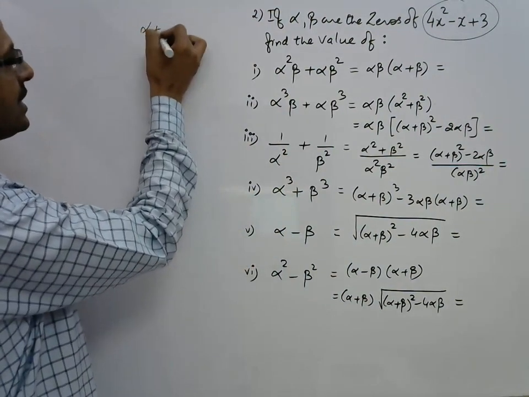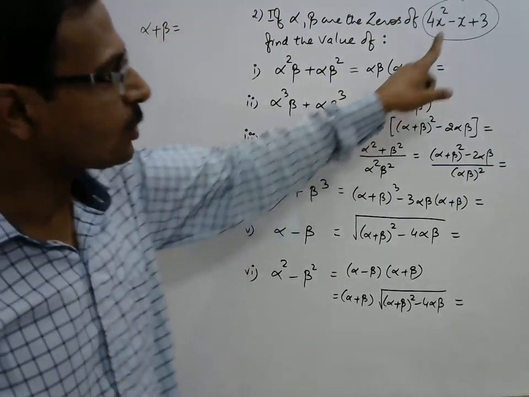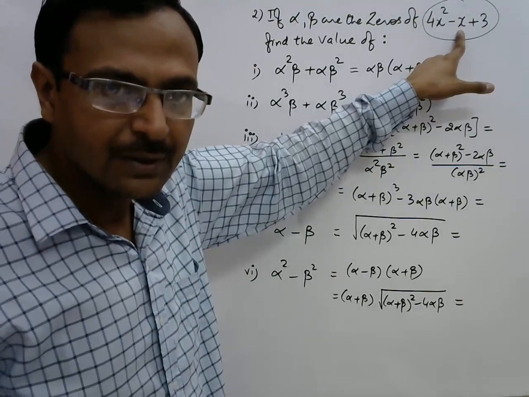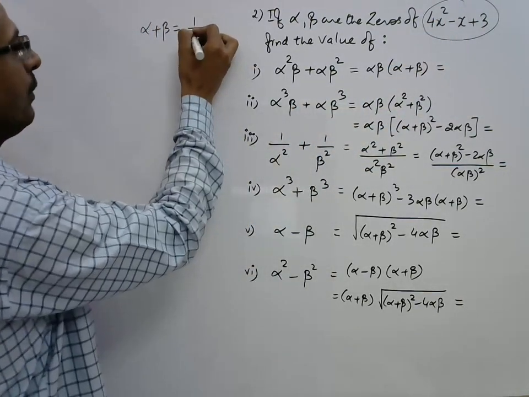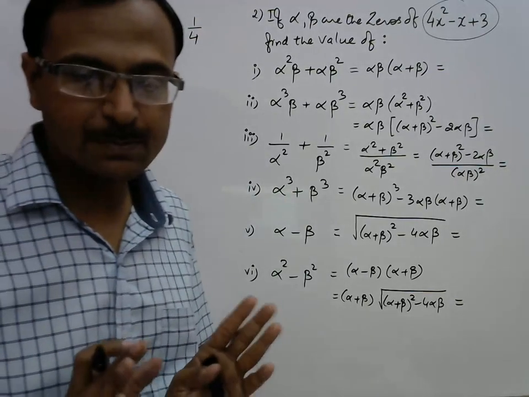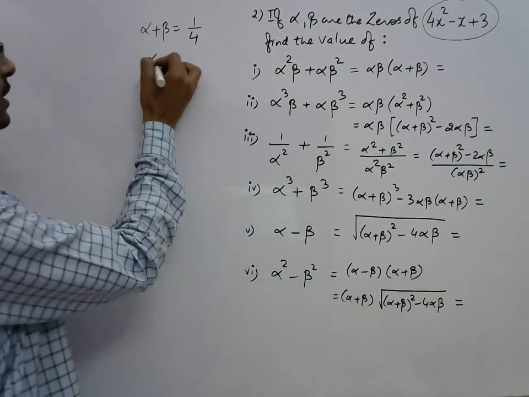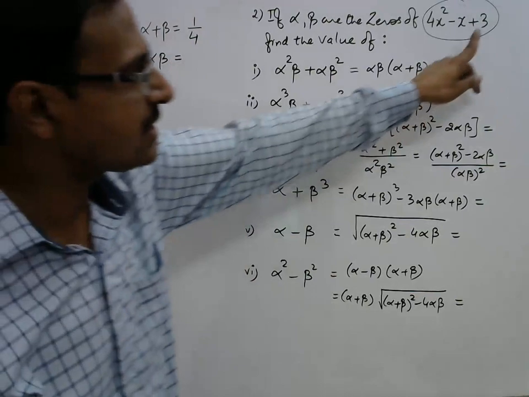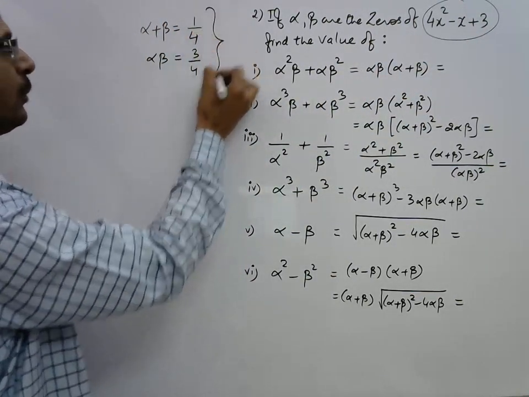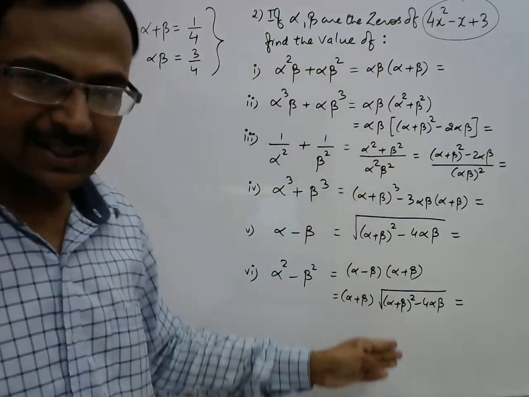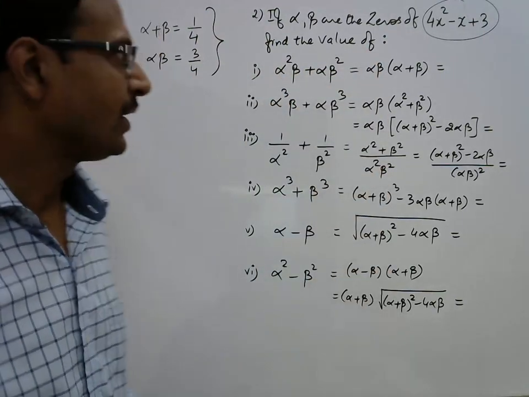So alpha plus beta will be minus b upon a, so minus b is minus 1. So minus minus 1, that is 1 upon 4. So I have used minus b upon a. And alpha beta is c upon a. C is 3 and this is 4. So 3 upon 4. Now you can put these values in all these expressions and get your answers.